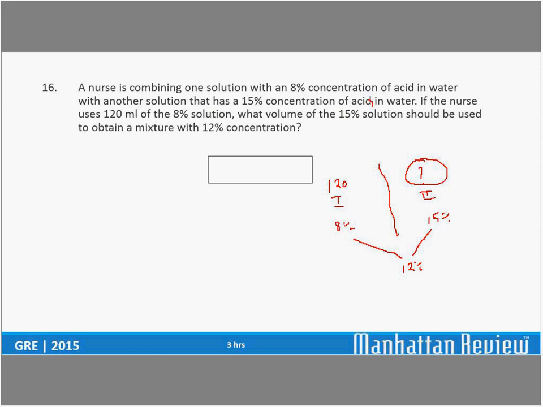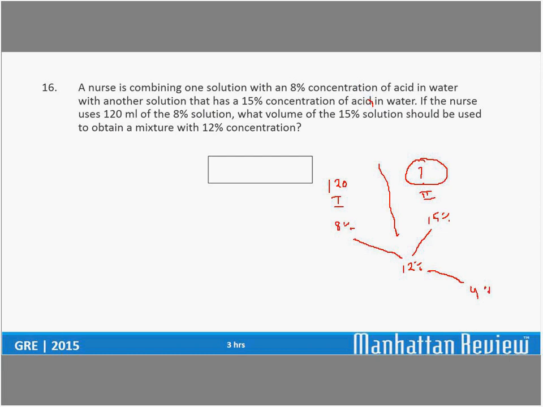Now this kind of question can be done actually beautifully without any mathematical approach, a little technically. That is, with respect to this 8%, the concentration has increased to 12%. From 8% to 12%, how much has it increased? It is increased by 4%.